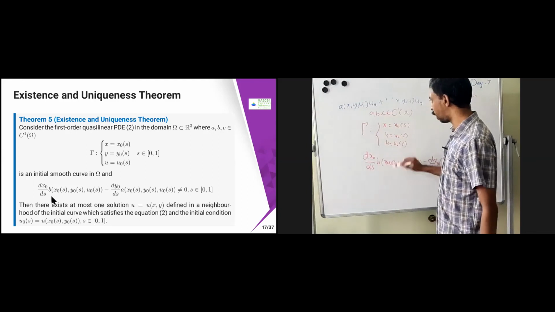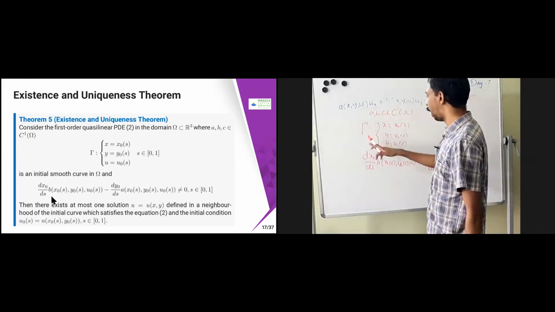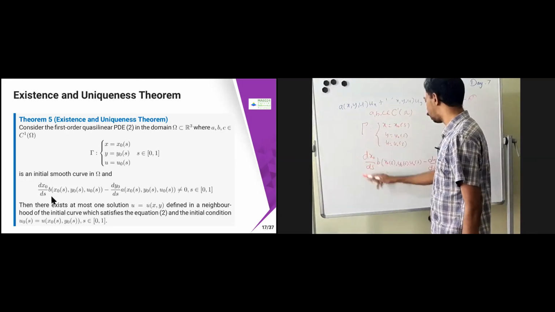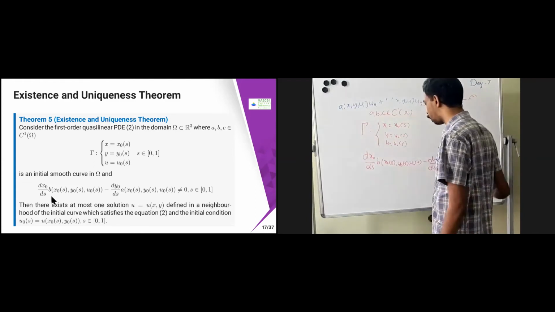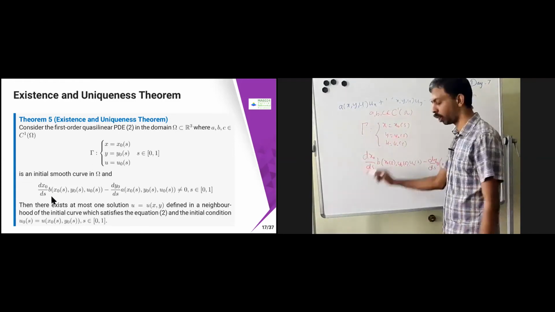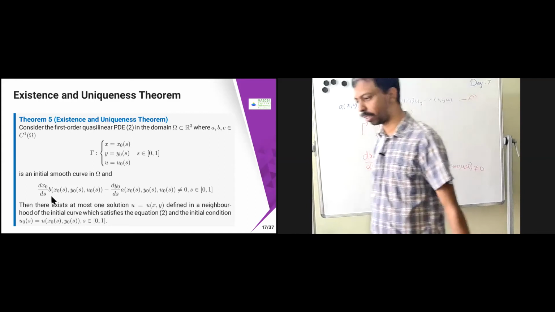This is one of the important conditions. If it is not satisfied, you will have multiple solutions, or sometimes existence will not hold.